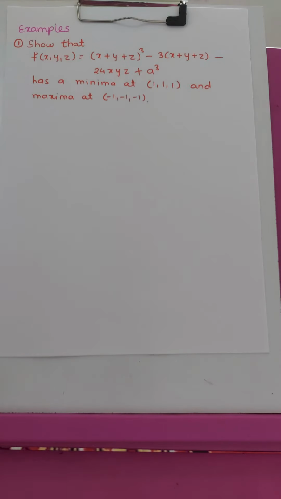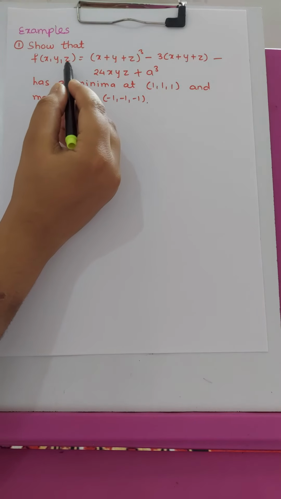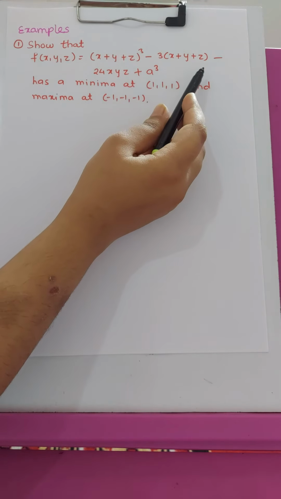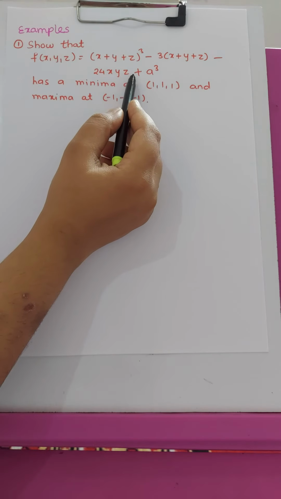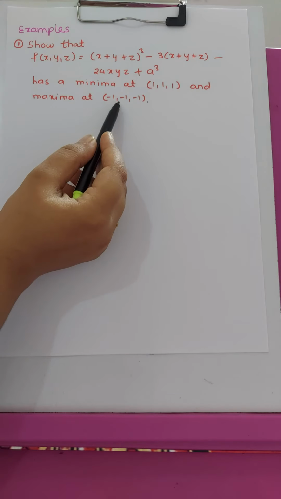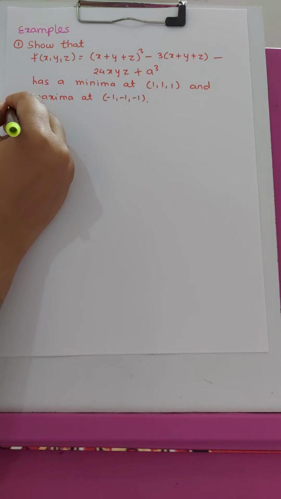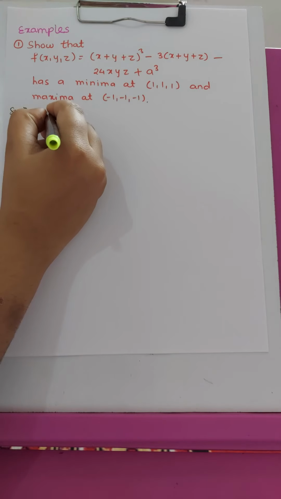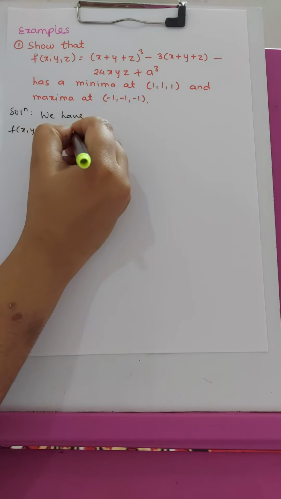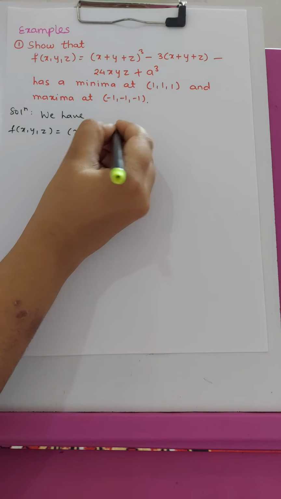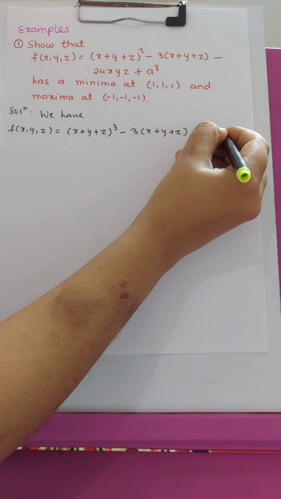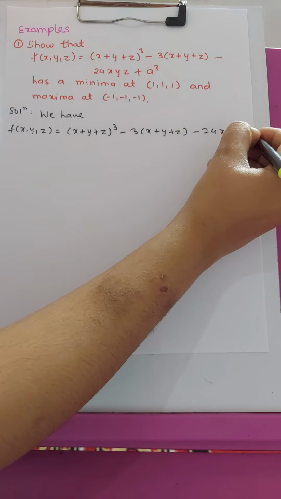Now in this example we have to show that this function f of xyz equals x plus y plus z whole cube minus 3 times x plus y plus z minus 24xyz plus a cube has a minima at point 1 1 1 and maxima at point minus 1 minus 1 minus 1. So, solution: we have the function f of xyz equal to x plus y plus z whole cube minus 3 times x plus y plus z minus 24xyz plus a cube.